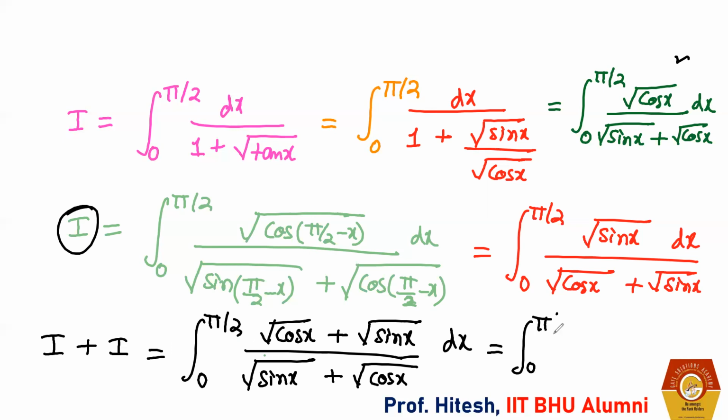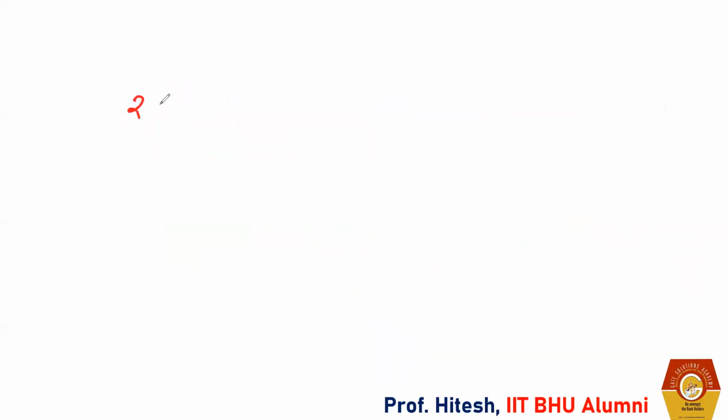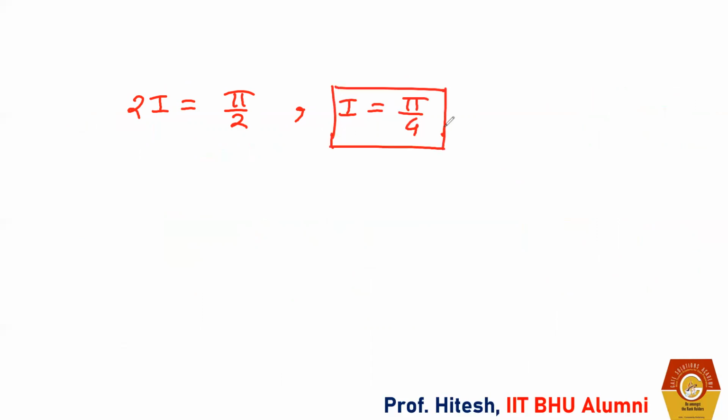So the integral from 0 to pi upon 2 of 1 dx, that is nothing but pi upon 2. That is 2I. Okay, write it down. So 2I is equal to pi upon 2. Hence you can say I is equal to pi upon 4. This is a very common type of question. Okay.